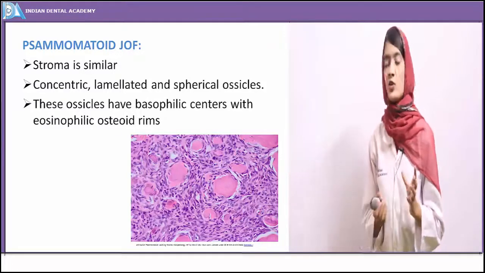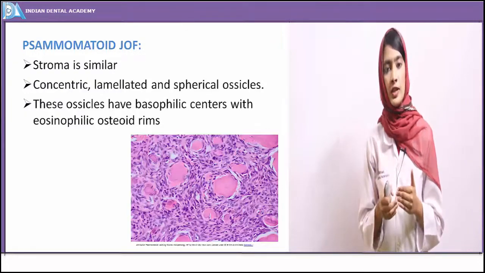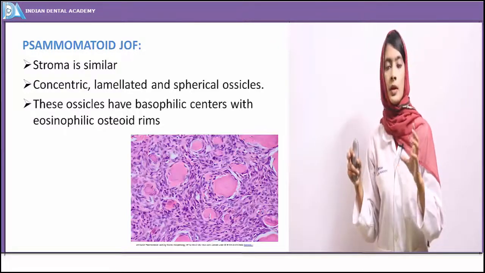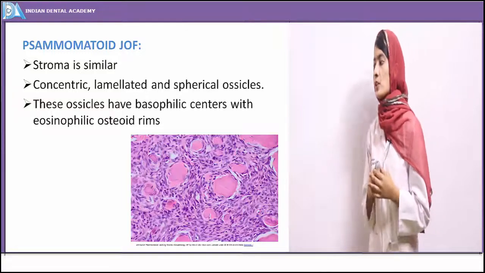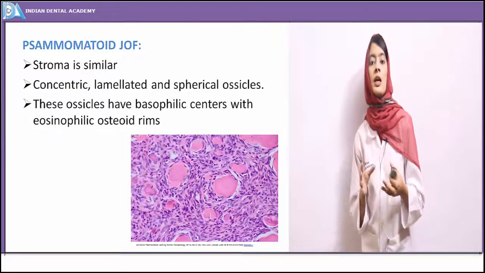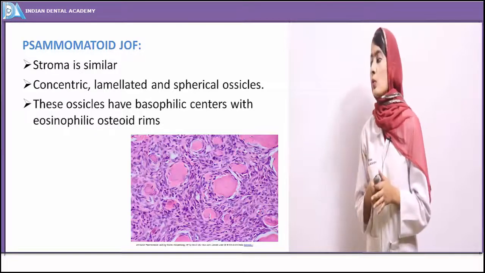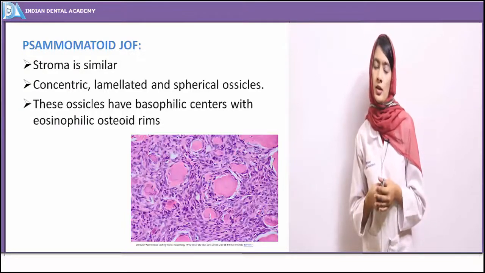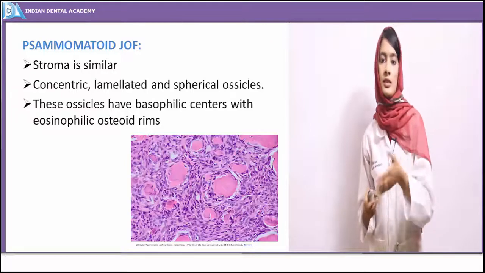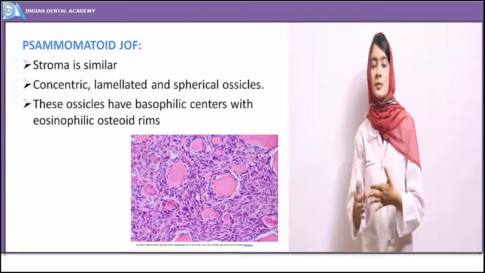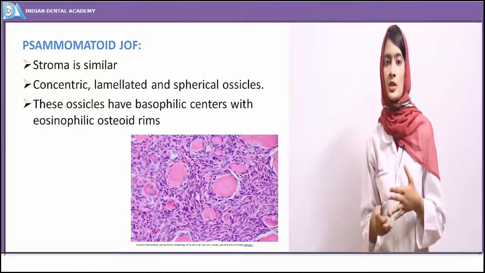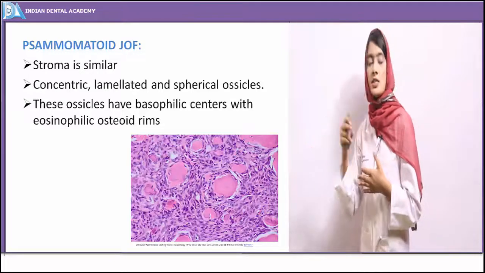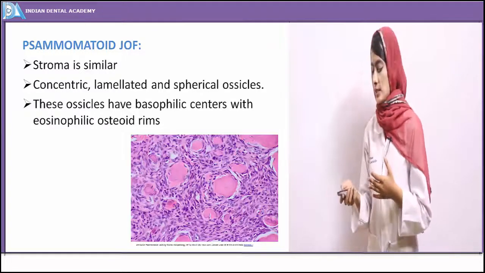So they are basophilic centers with eosinophilic osteoid rims. When you see the microscopic picture, the pink one shows the ossicle, which is lined peripherally by the osteoblasts or the osteoid rim. The osteoblasts are responsible for depositing the osteoid material, so the ossicles are just lined by osteoblast cells.